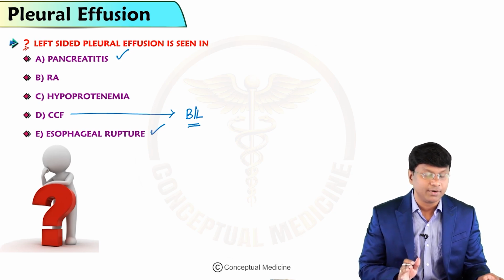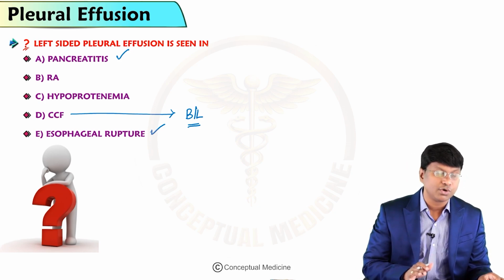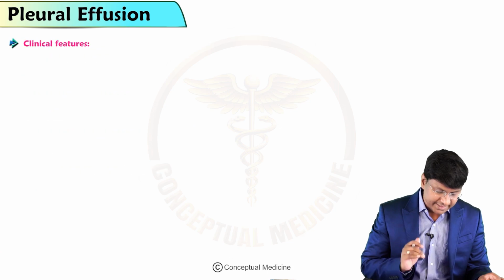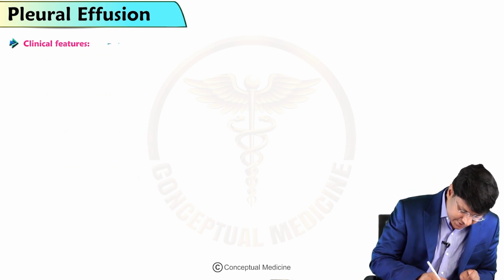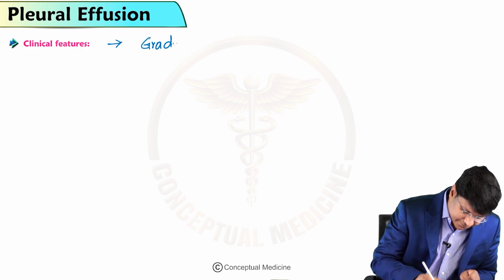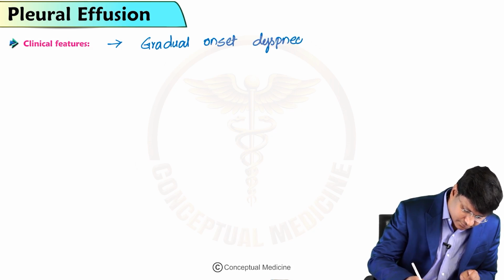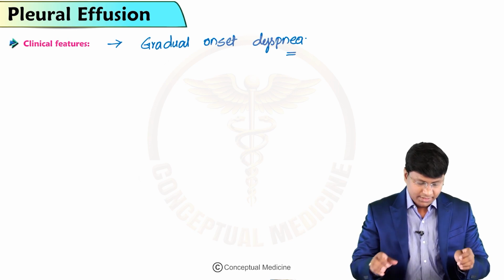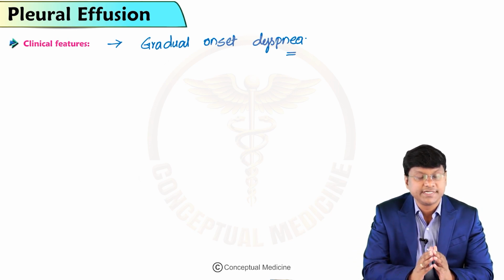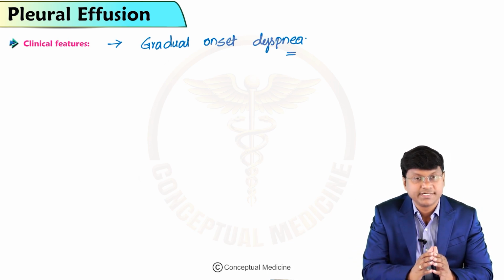Next, having discussed the etiologies of pleural effusion, let me discuss what exactly the clinical features will be. There will be development of gradual onset dyspnea. Why will you have gradual onset dyspnea?